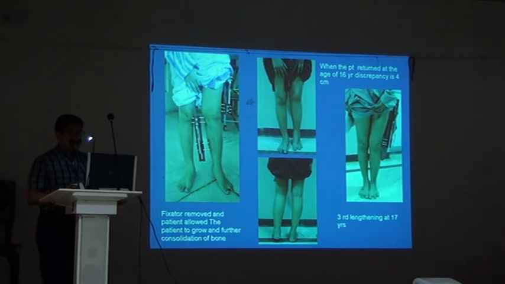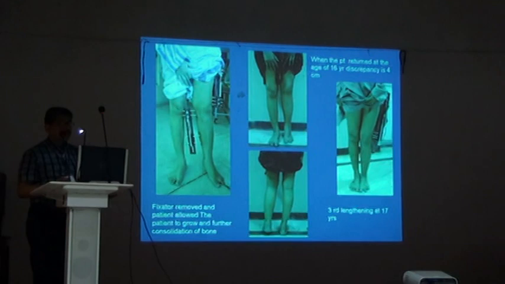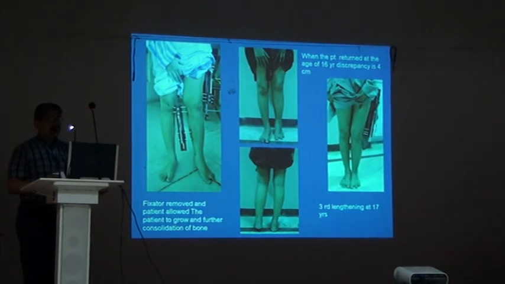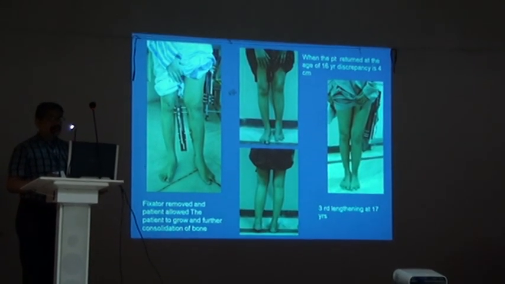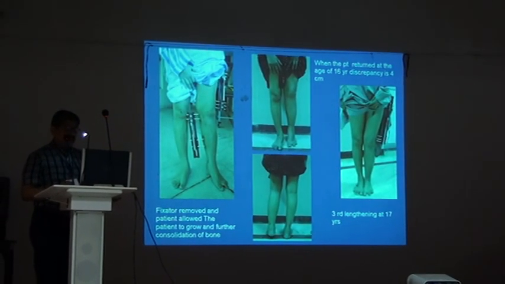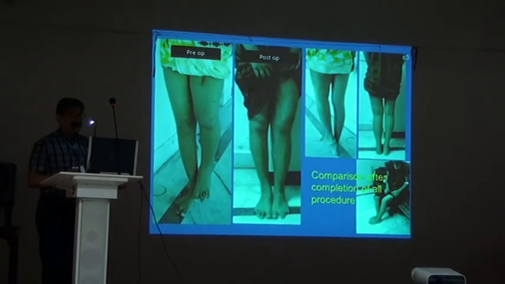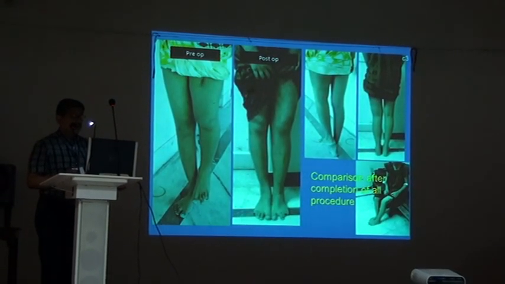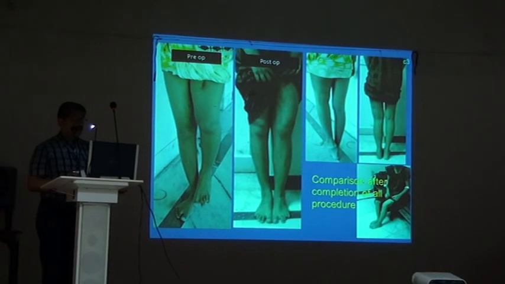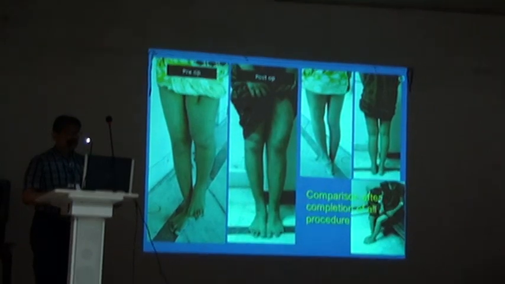We removed the fixator, and the patient was allowed to grow, with further consolidation of the bone. When the patient returned at the age of 16, the discrepancy had become 4 cm. So we did a third lengthening at 17 years of age, and you can now compare the length of her 2 lower limbs with the pre-op and post-op pictures. This is the range of movement of the patient.